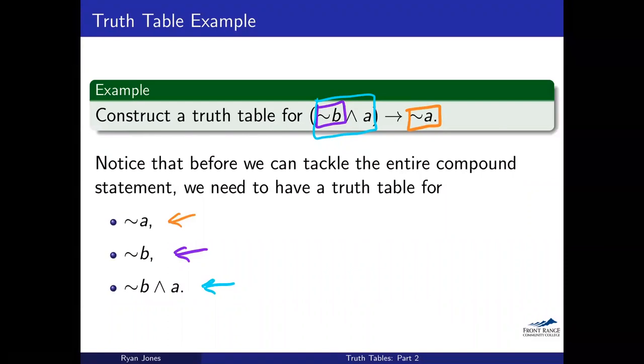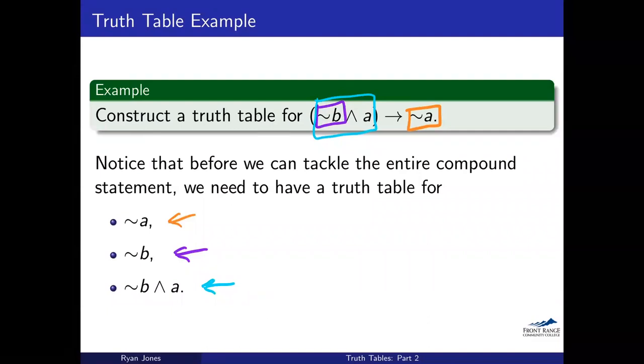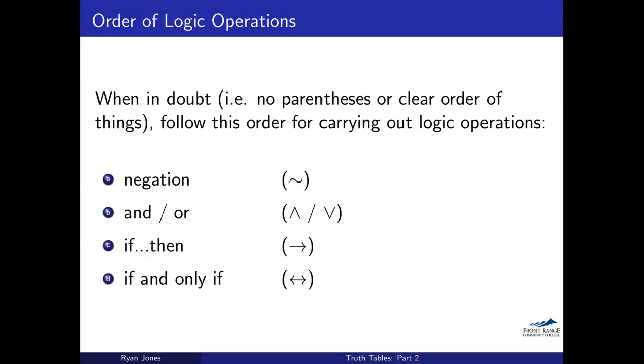But the question is, what do I do when I'm in doubt about what order to do things in? I mean, here I've given us some parentheses, which is nice. But what do I do in terms of order? So we have a nice structure for when I don't put parentheses in, or when there's not a clear order of how to do these operations.